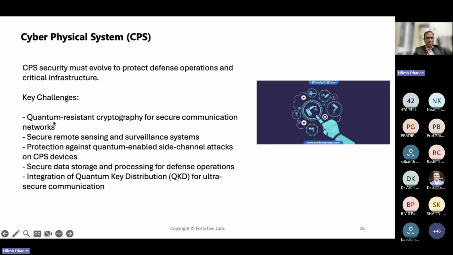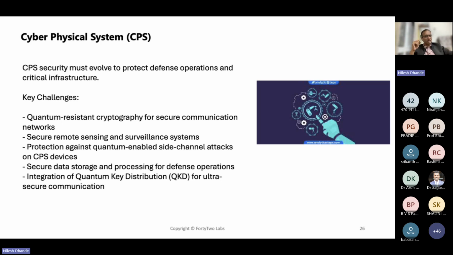There is a second one: quantum resistant cryptography we spoke about, and secure remote sensing and surveillance systems. This is another area where quantum computing helps, because quantum works at a very micro level. When I say quantum, these are all quantum particles.